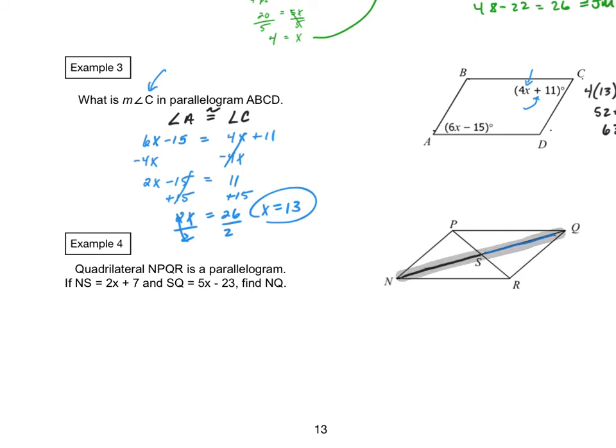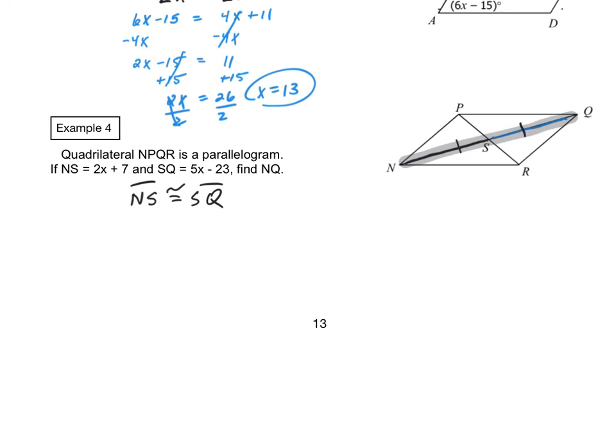If this is a parallelogram, then we learned that our diagonals bisect each other, which means the two parts are equal. So what I can do is say that NS is going to be congruent to SQ since it's a parallelogram, and I can do my substitution now.